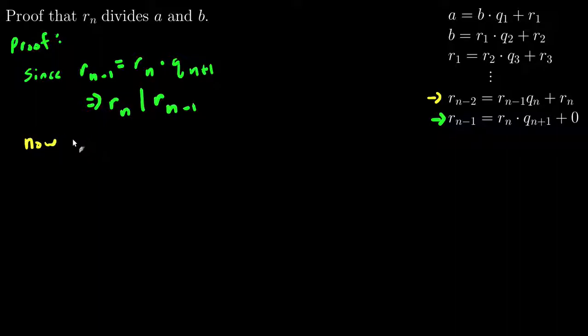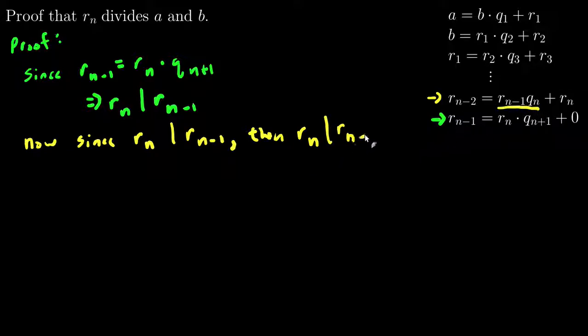Now, since r sub n divides r sub n minus 1, then r sub n also divides this term, because something that divides, times more, well, it still divides it, okay? For instance, let me put a little numerical aside here, I'll get rid of this in a second.